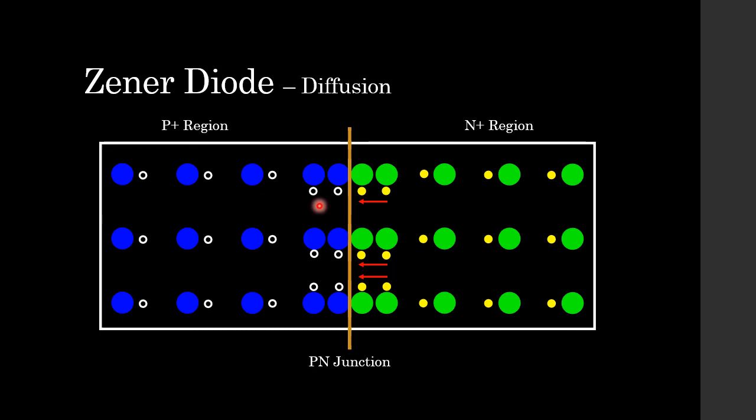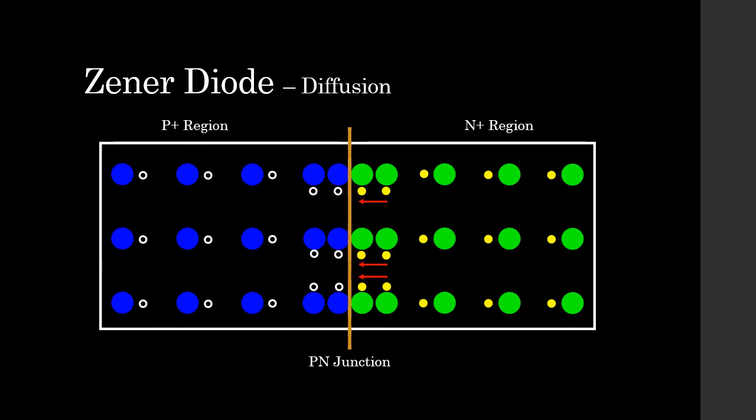And because it's heavily doped, we have an N plus region and a P plus region, just to indicate that it's heavily doped. Because of our concentration gradient, these majority carriers are going to start to flow. Free electrons are going to move across the PN junction. But students, immediately as our free electron moves across the PN junction, because there are so many holes in this region, they're immediately going to recombine with them.